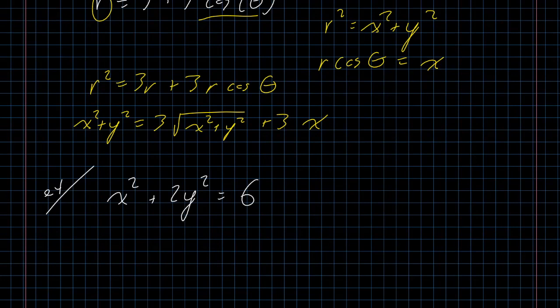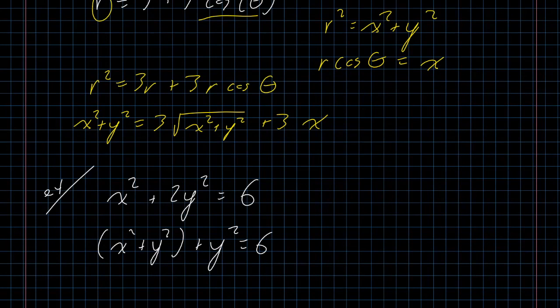And once again, it's more of an art than a science. So I'm not going to claim that this is the best way or certainly not the only way of doing it. But what jumps out to me is I've got some x squareds and y squareds going on here. So my inclination is to rewrite that left-hand side as x squared plus y squared plus y squared, right? 2y squared is just the same thing as y squared plus y squared.